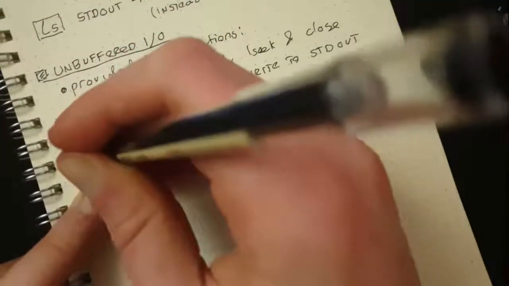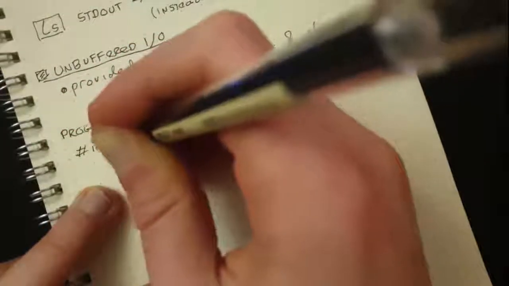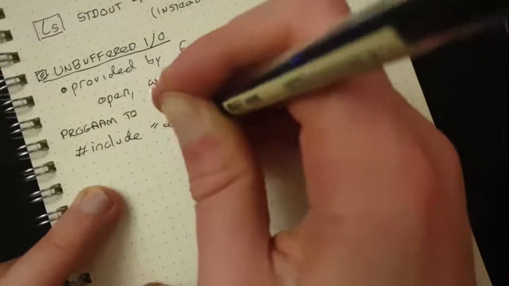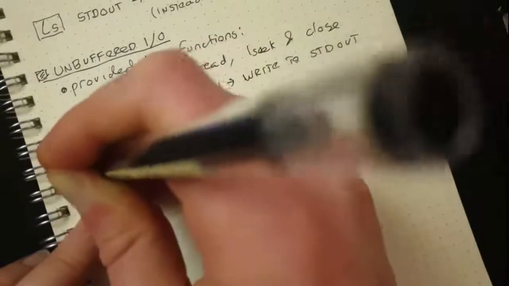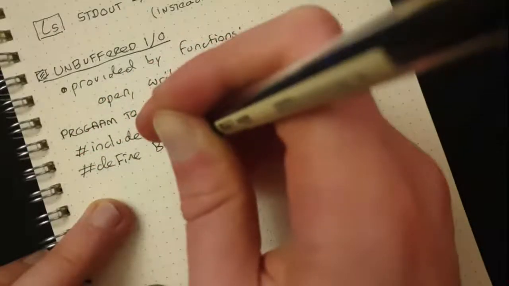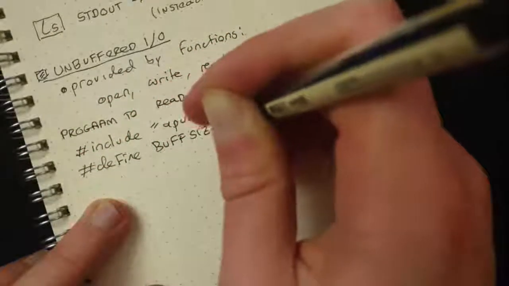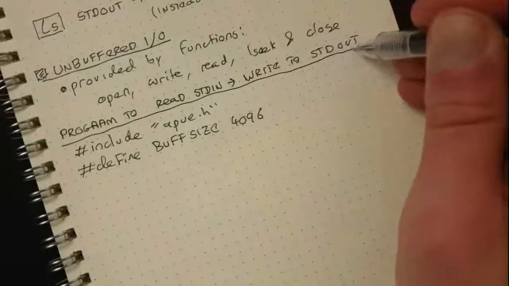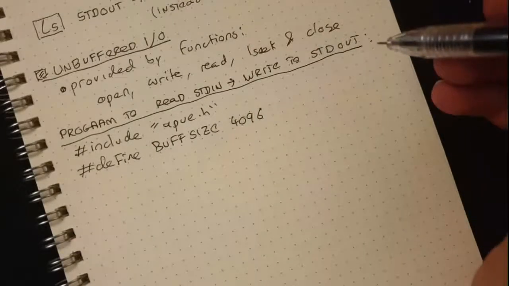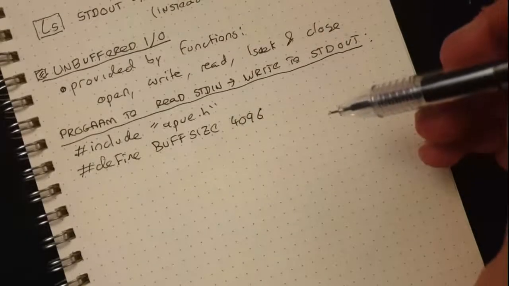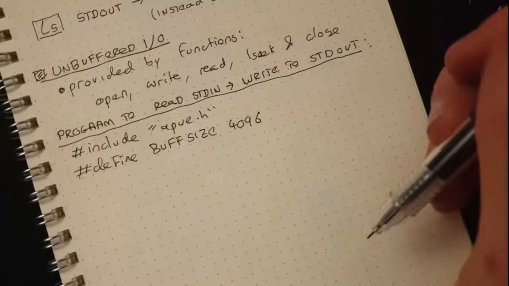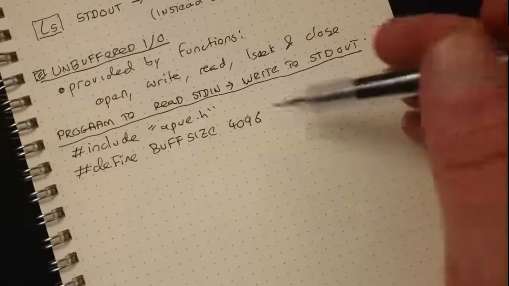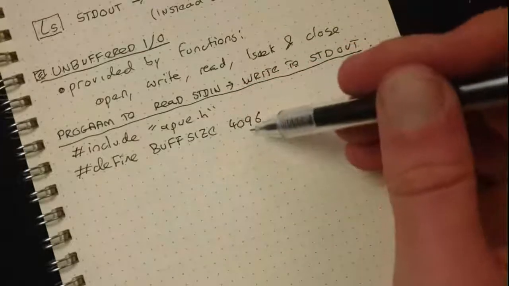So, include unistd.h, define BUFFSIZE 4096. Now because this is unbuffered, we have to choose our own buffer. So we choose the buffer to be 4096.